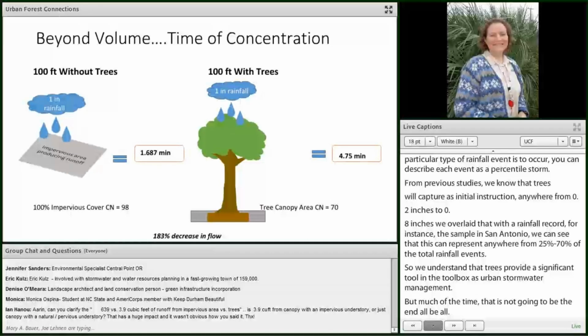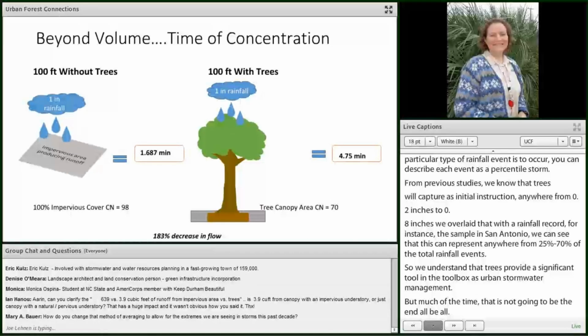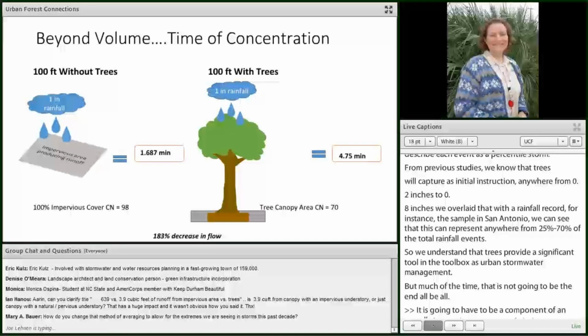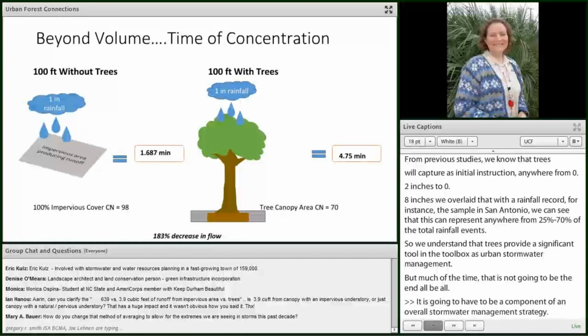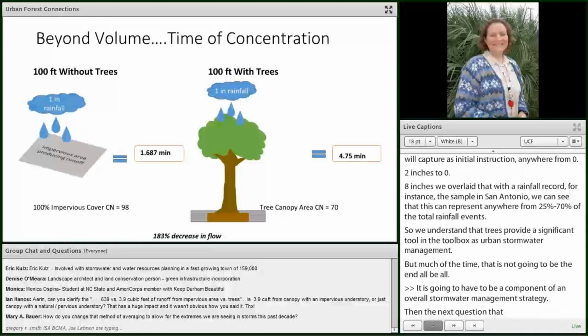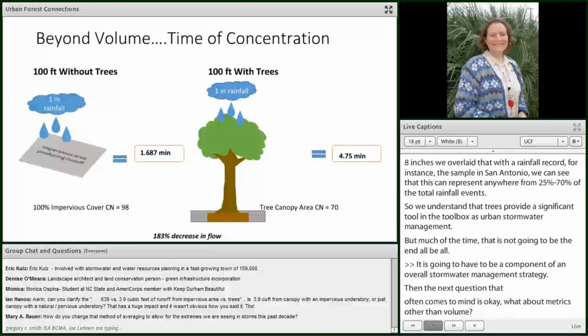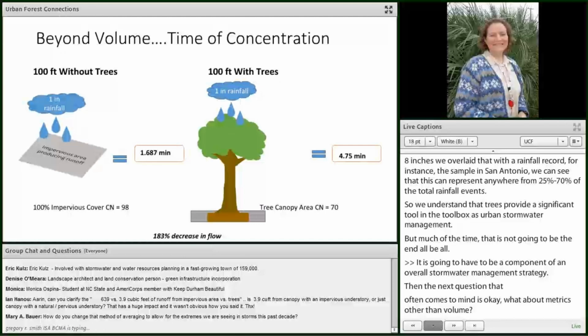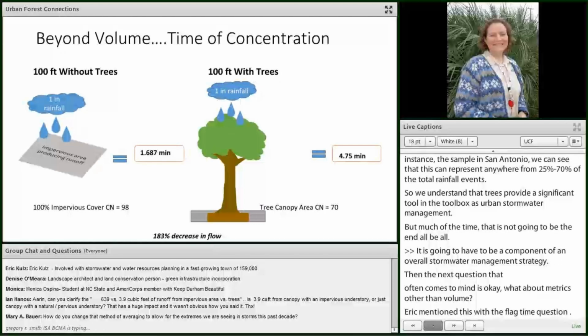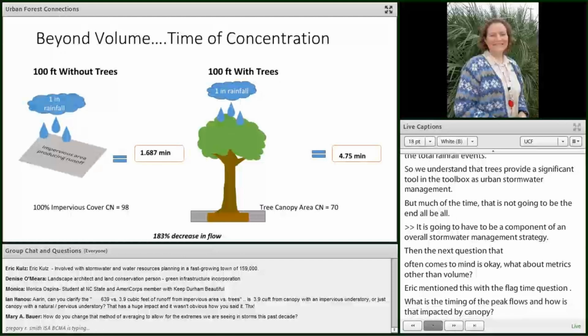Then the next question that often comes to mind is, okay, what about metrics other than volume? Eric had mentioned this with the lag time question. What's the timing of the peak flows, and how is that impacted by canopy? If we take that same impervious cover and give it a 100-foot flow length and apply 1 inch of rainfall, we can see it would take a little under 2 minutes for it to flow.